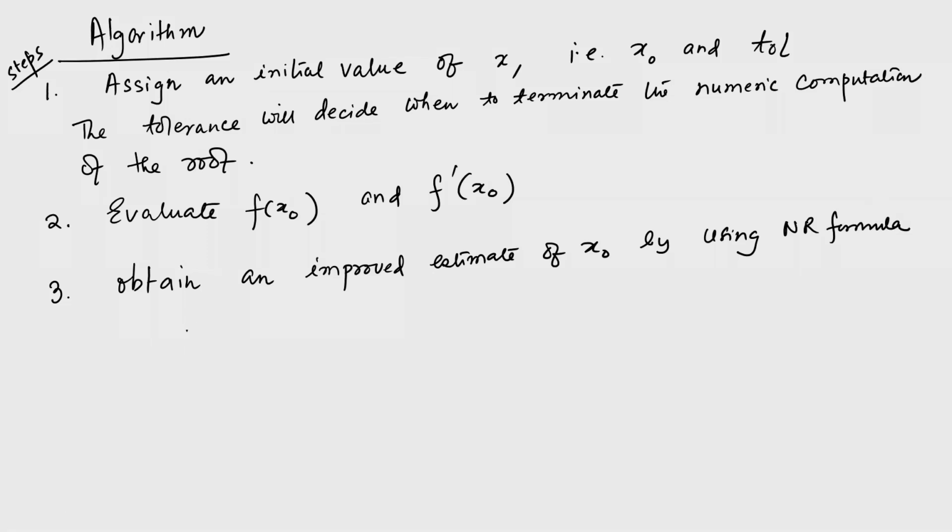And so, this will become x1 equal to x0 minus f of x0 divided by f prime of x0.